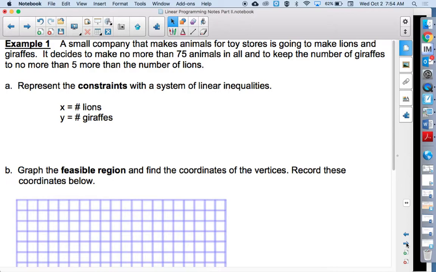So a small company makes animals for a toy store, and they decide to make lions and giraffes. So think when you go to the zoo, and you go up the stairs, the first thing you see is that zoo stuffed animal craziness that I make sure we never go in. But there's that store as soon as you walk up. There's the restrooms, a restaurant, and then the store that has all the zoo toys and stuffed animals.